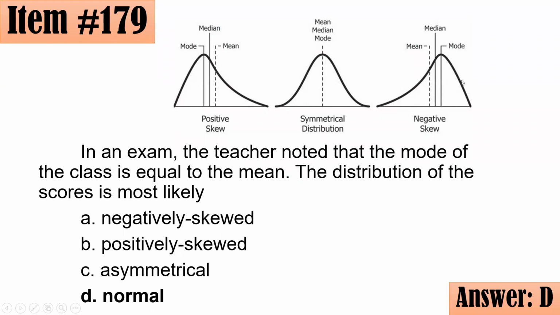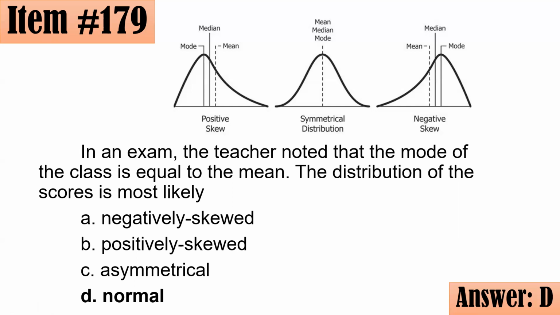It tells us that many of the scores are high, and only few of the scores are low. That's why, in this case, since the mean is equal to your mode, then it's describing more of the normal or symmetrical distribution. So we will go with letter D.